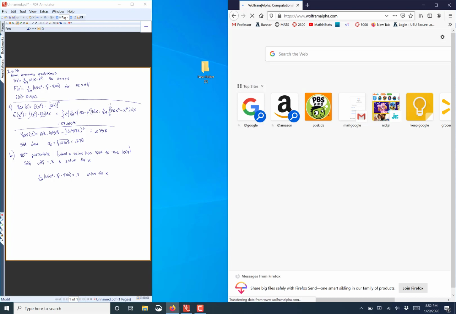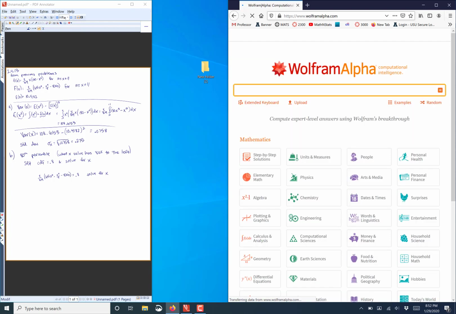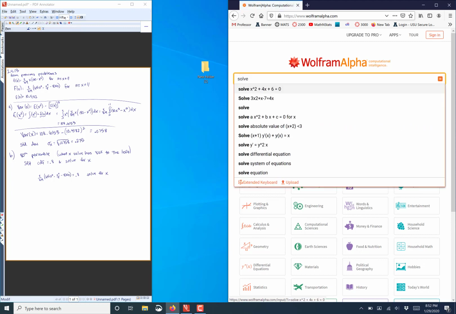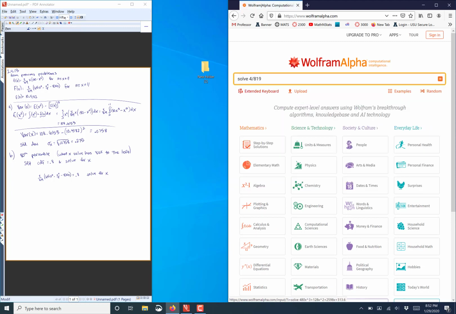By the time you reach applied math classes, you can use your calculator for everything like this. So we're going to solve 4 over 819 times 65x squared minus x to the 4th, let's see, I'll put this in parentheses just in case, x to the 4th divided by 4 minus 4,000.